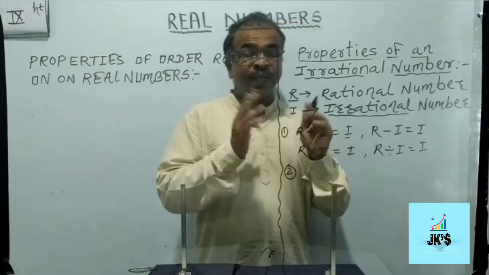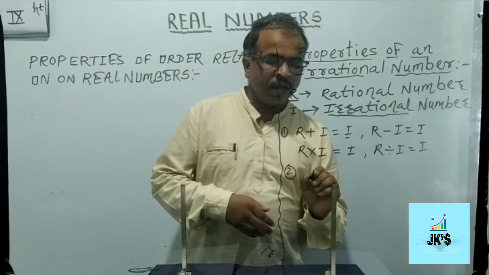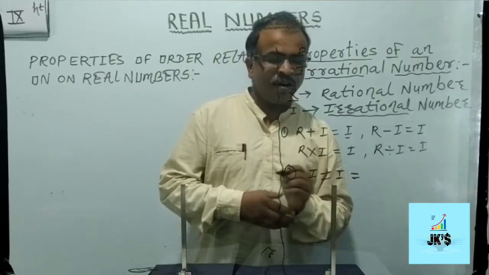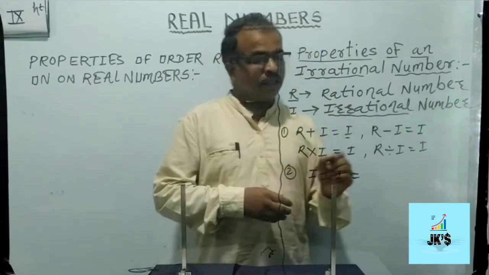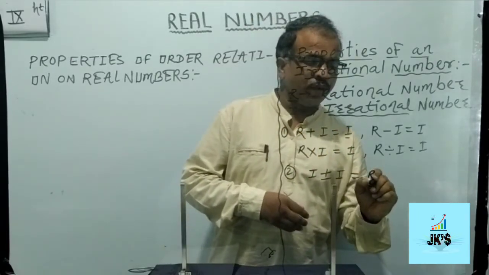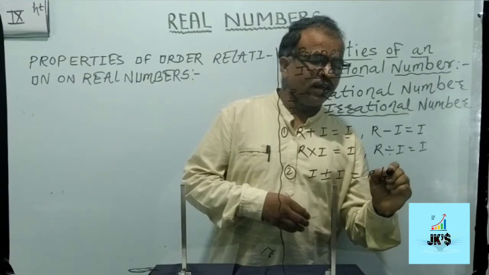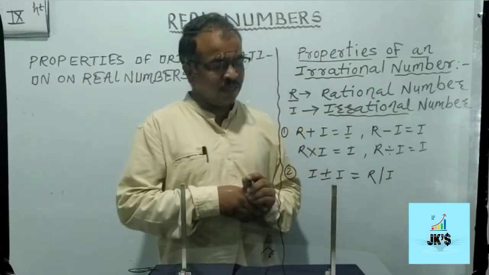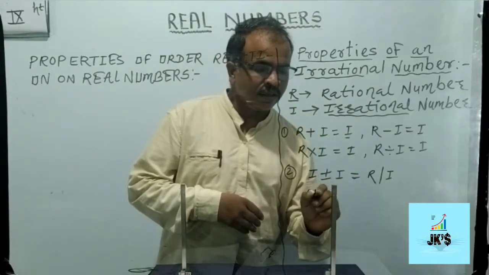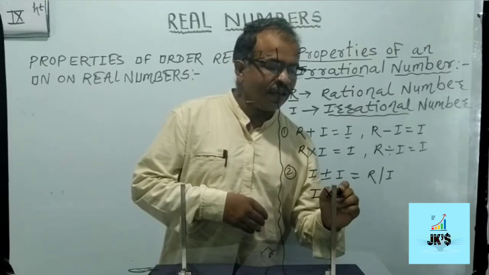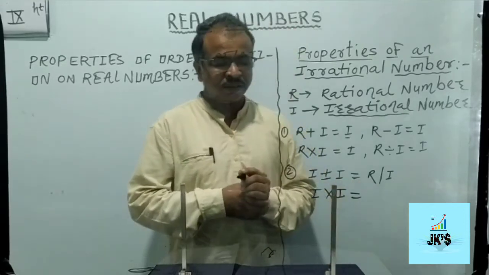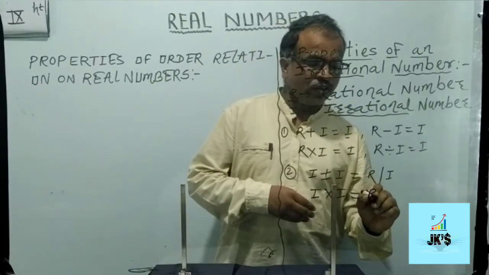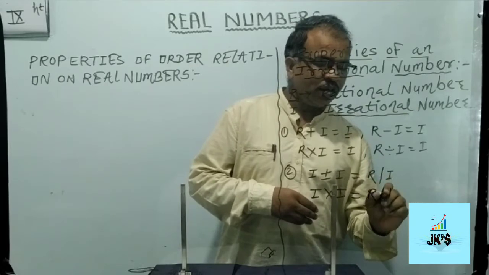Now, for operations between two irrational numbers: if two irrational numbers get added or subtracted, then the sum or difference may be rational or it may be irrational. When two irrational numbers are multiplied, their product may be rational or irrational.